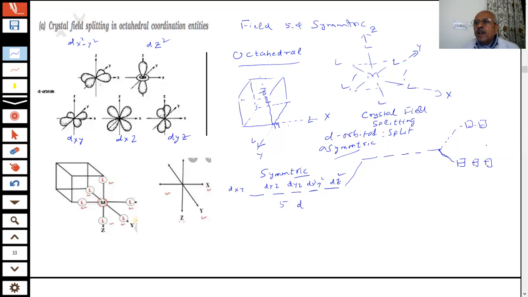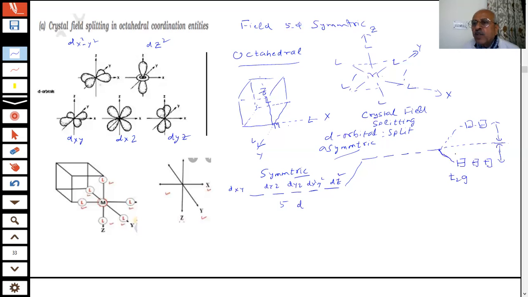So what happens? The d orbitals get split up in a set of two orbitals and a set of three. As you can see, this is a triplet. This is called T2g. T stands for triplet.